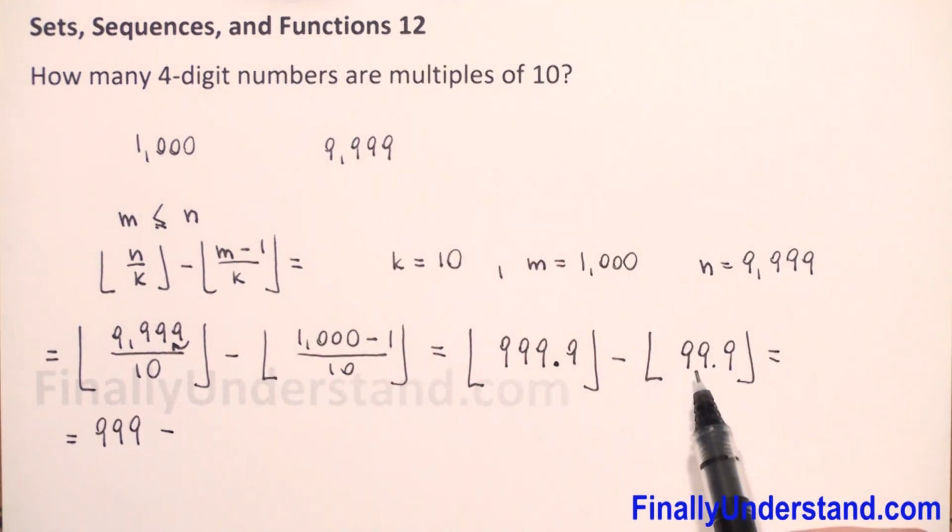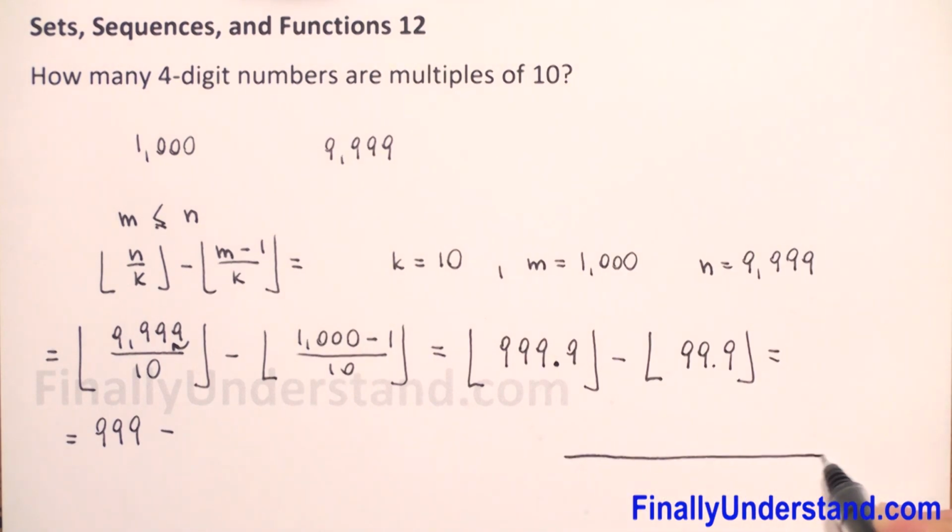And minus the floor of 99.9 will be 99. Why? Let me draw the number line and remind you one more time. We have 0. We know that integers are whole numbers, including 0 and negative values. So let me put 99.9 here.